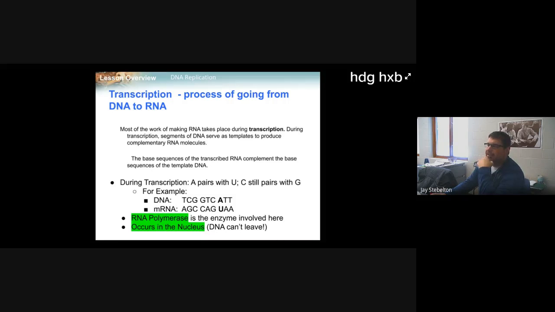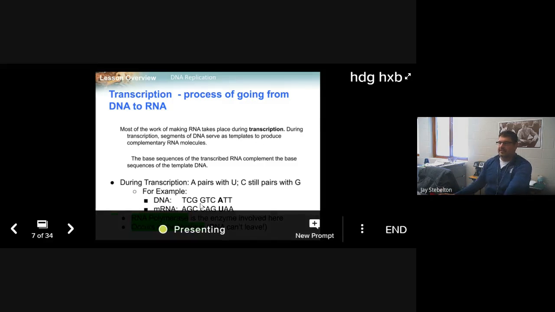So the message for T, C, and G would be A, G, and C. Look at the last three letters there, ATT, because now instead of T matching up with A, we add U to it. Here's where it becomes a little bit confusing: A still pairs with T, but U pairs with A. So let me show this again.